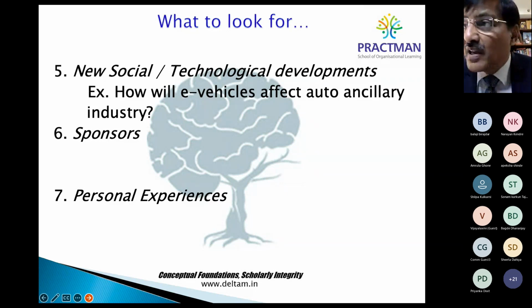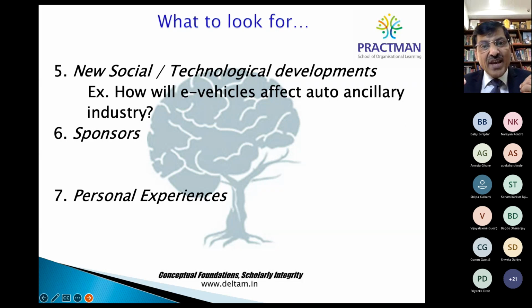Like, for example, how will e-vehicles affect the auto ancillary industry? Because a lot of components which go into making a two-wheeler or a car are not required by an e-vehicle. I started my career at Bajaj Auto Limited, and in a scooter, hundreds of components go into manufacturing.